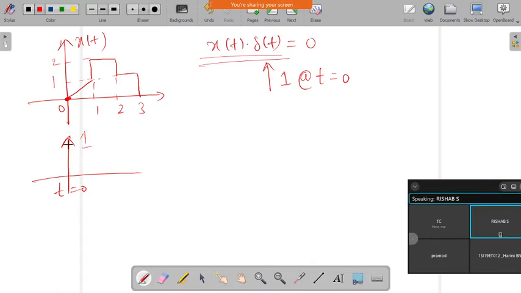If you multiply 1 into 0, what is the value? 0. Other values of the impulse are 0, so only x of 0 will come, but x of 0 is 0. Yes, sir. So like this, these kinds of problems will be asked.